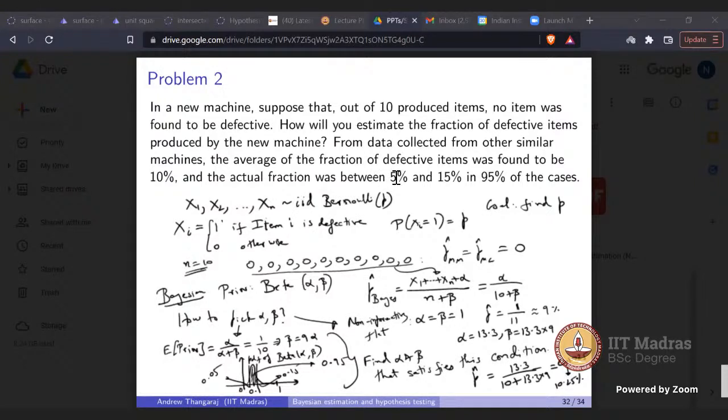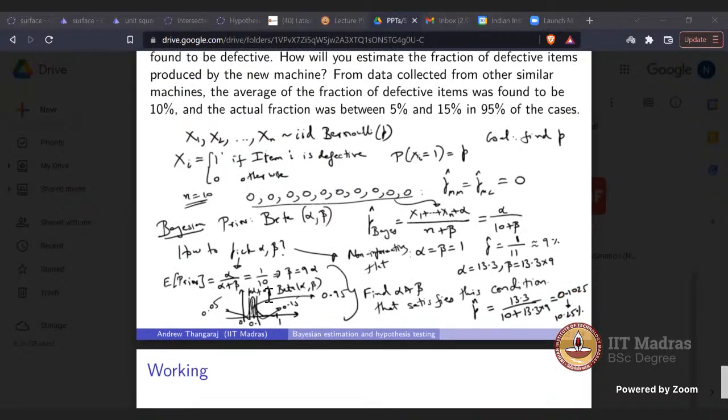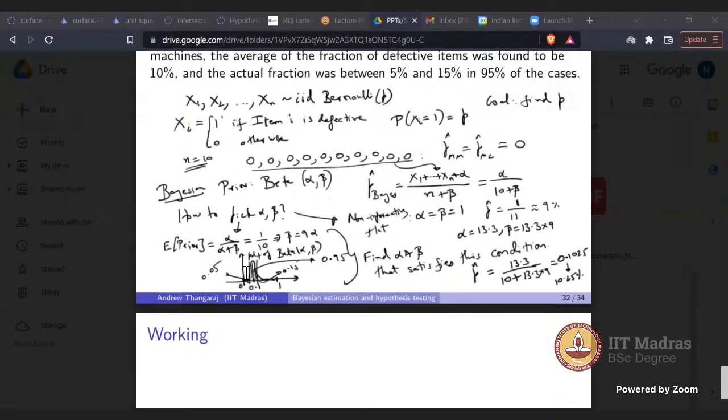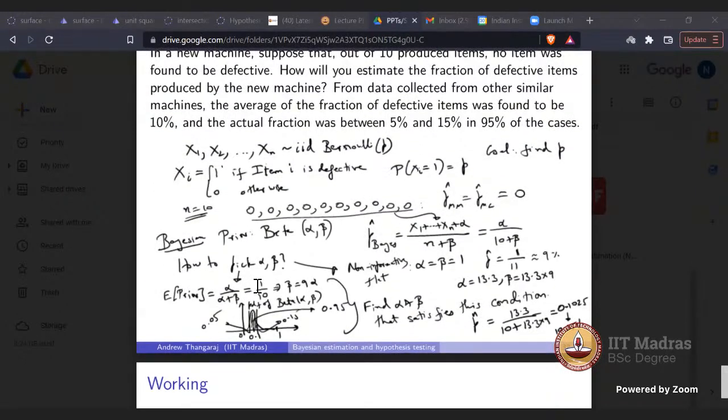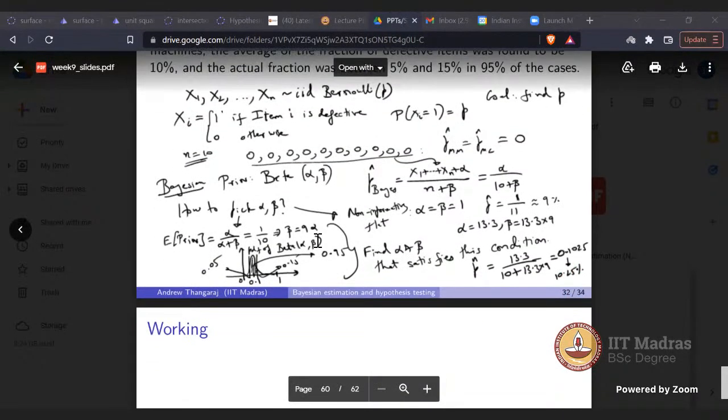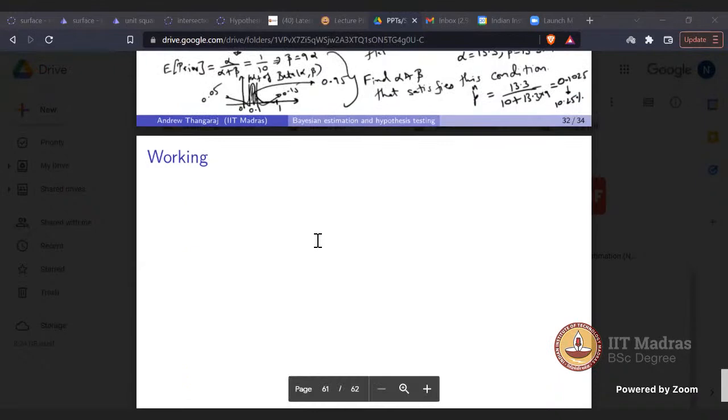Say the fraction was 5% or 15%, 90%, 95%. All this has been done using the Colab file. This has been done using the Colab file, right? Yes, ma'am. The last part. Yes, ma'am. It was done using Colab.